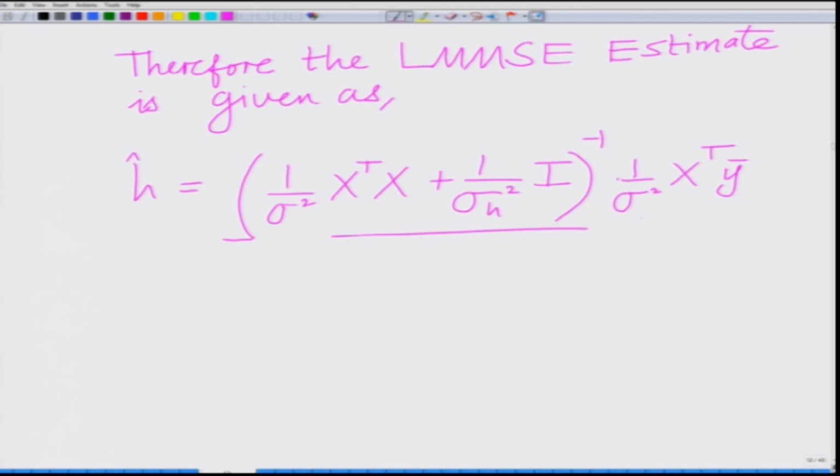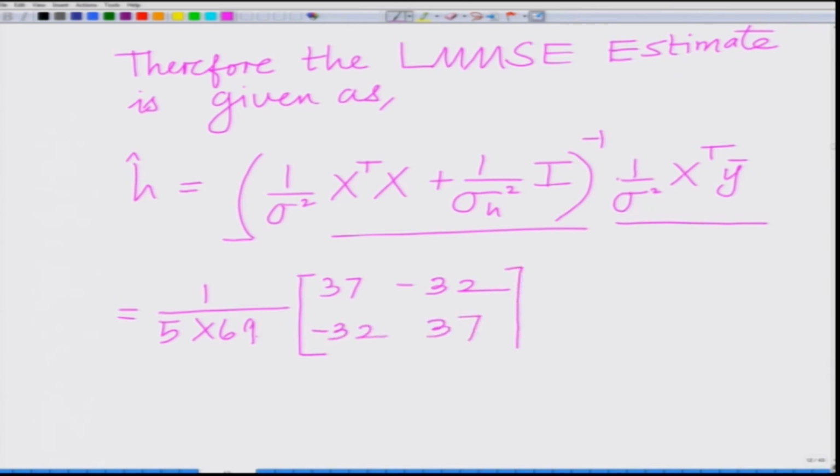We have computed both these quantities above. This will be basically your 1 over 5 times 69 into 37 minus 32 comma 37 times this quantity, that is 1 over sigma square x transpose y, that is half, we have over here 25 23, that is a column vector 25 23.